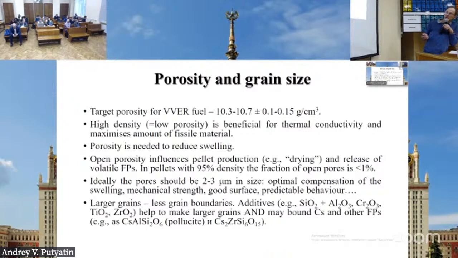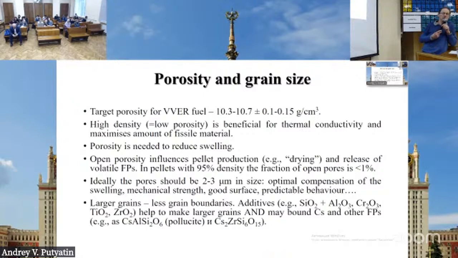So, for example, target density for VVR fuel is approximately 10.5 grams per cubic centimeter with a relatively small acceptable margin, something like 0.1 gram per cubic centimeter. From one point of view, we need very high density or low porosity of the fuel because it's very beneficial for thermal conductivity.